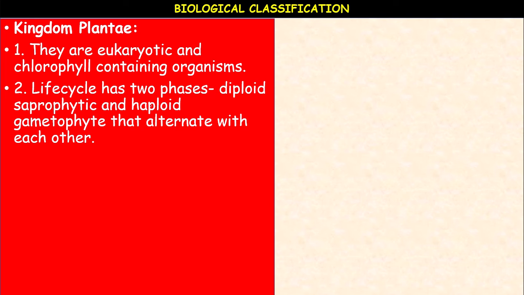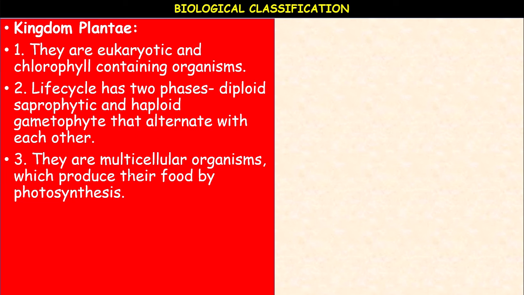The life cycle consists of the dominant sporophyte and a highly reduced gametophyte showing alternation of generation. Means the life cycle has 2 phases, diploid sporophyte and haploid gametophyte, that alternate with each other. It is called alternation of generation.